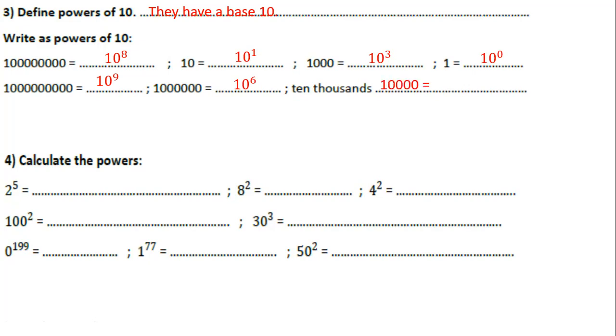Yes, so it is 1 and 4 zeros. Write this please as a power of 10. What should be the base? The base should be 10. How many zeros do we have? What should be the exponent? 4. So it is 10 to the power 4.